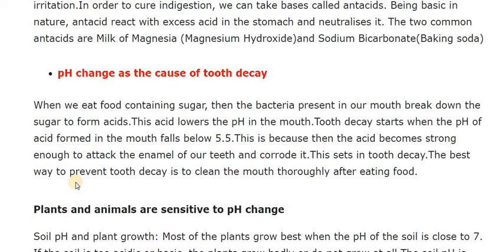And another way is using a toothbrush. After eating food, we have to brush. Toothpaste is also basic in nature, so whatever excess acid is generated inside the mouth is neutralized. That's why all toothpastes are basic in nature.